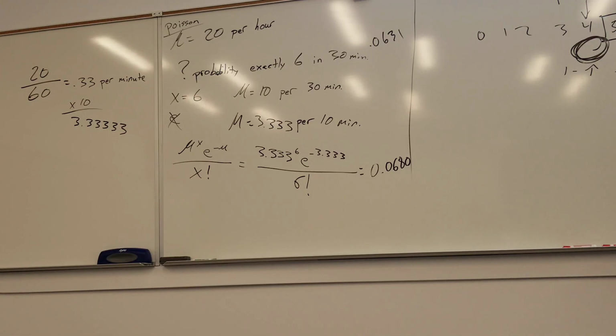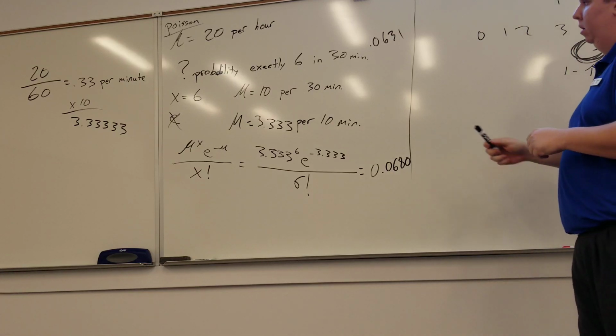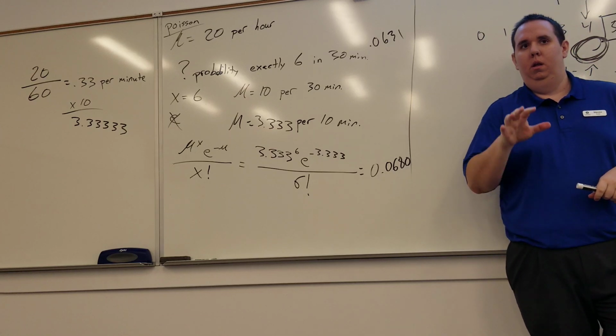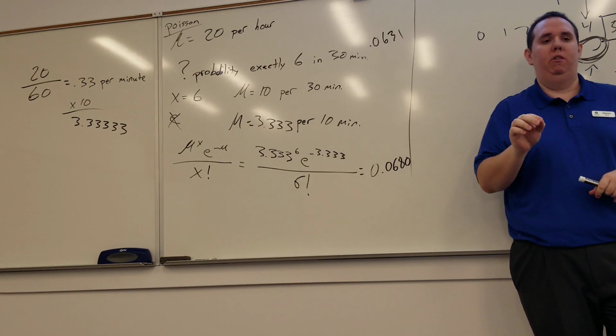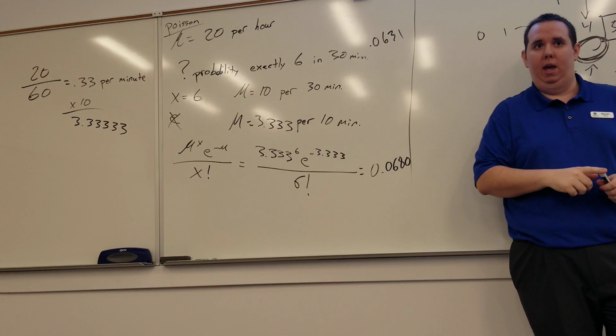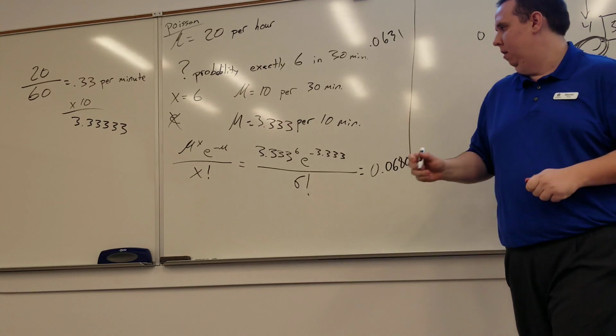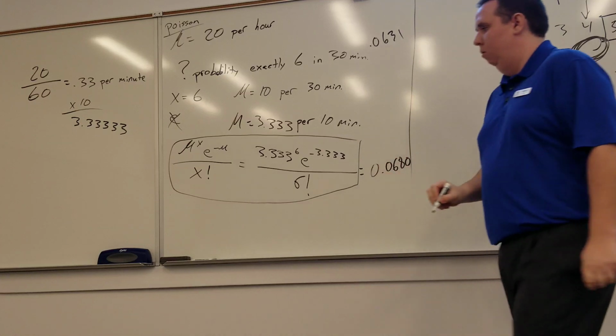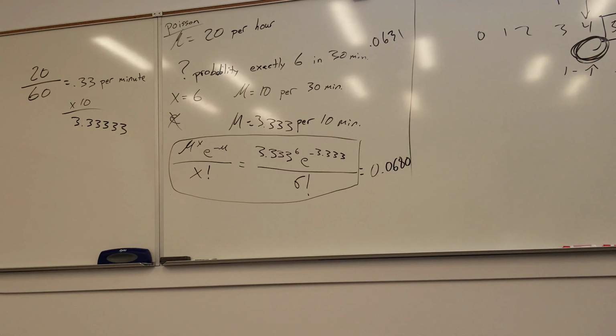Now, for this first part, when we found this 0.0631, she does expect you to use the table when you can. However, I would still write all of that out. Show her that you know the formula. Show her that you know how to input the information into the formula.